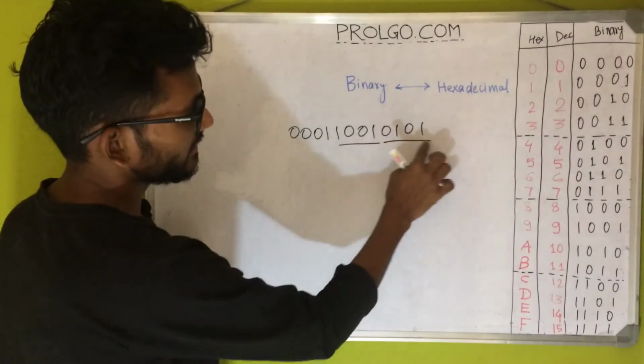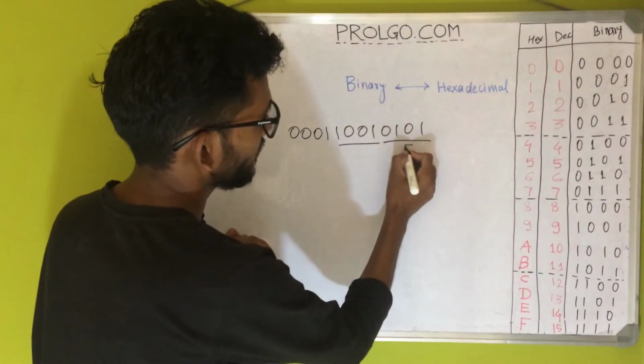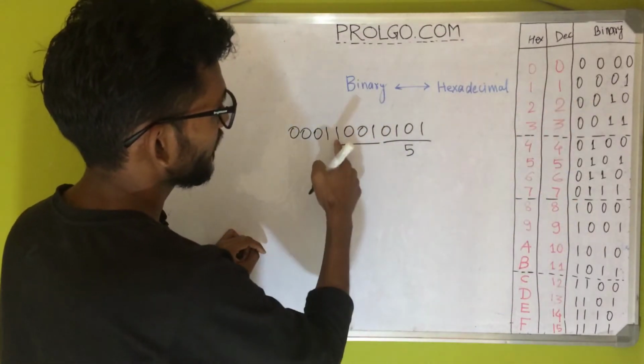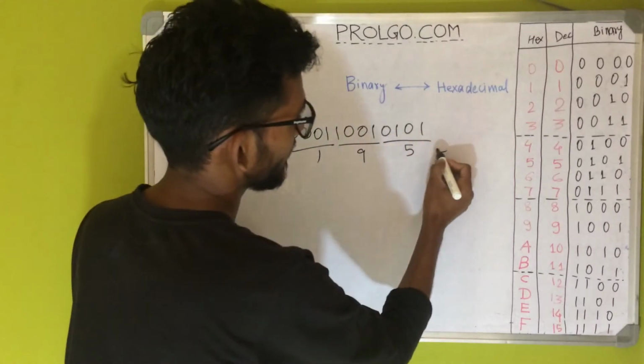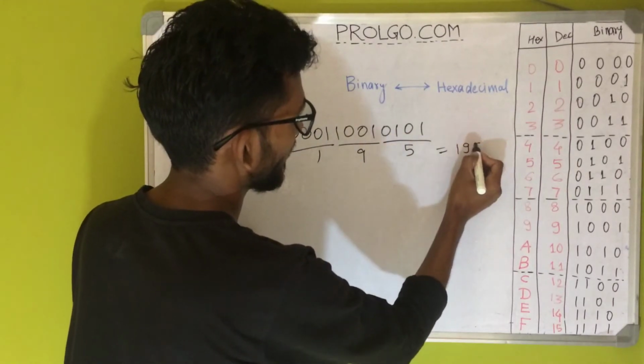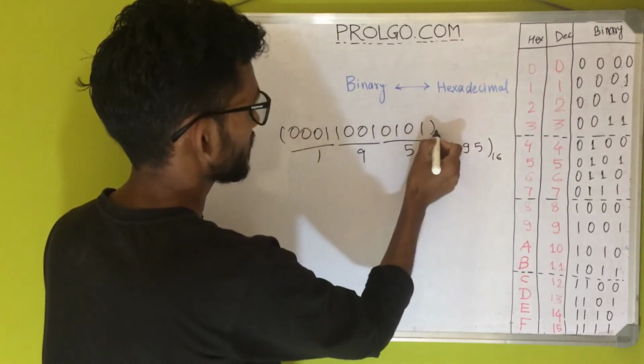Now convert this number into decimal. So 101, it would be 5. You can refer to the same table, and 8 plus 1 is 9, and this one is 1. So this is equivalent to 195 in hexadecimal, and this was in binary.